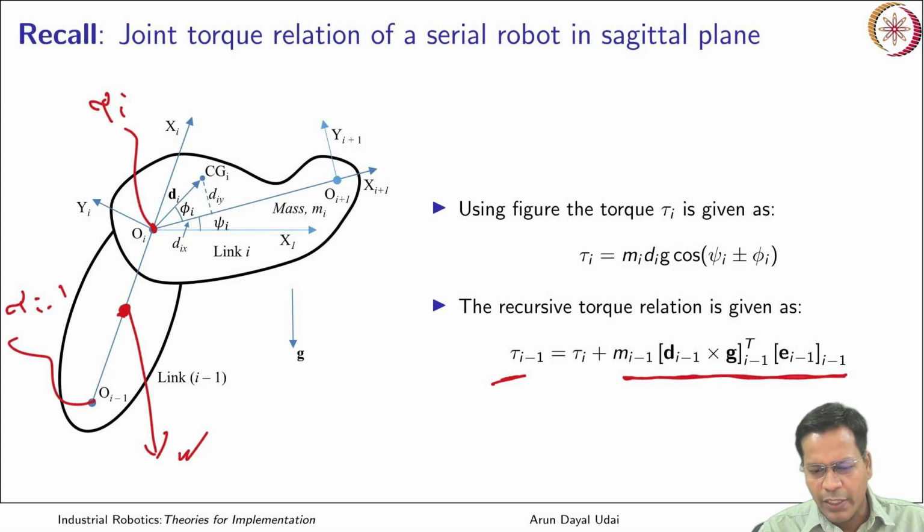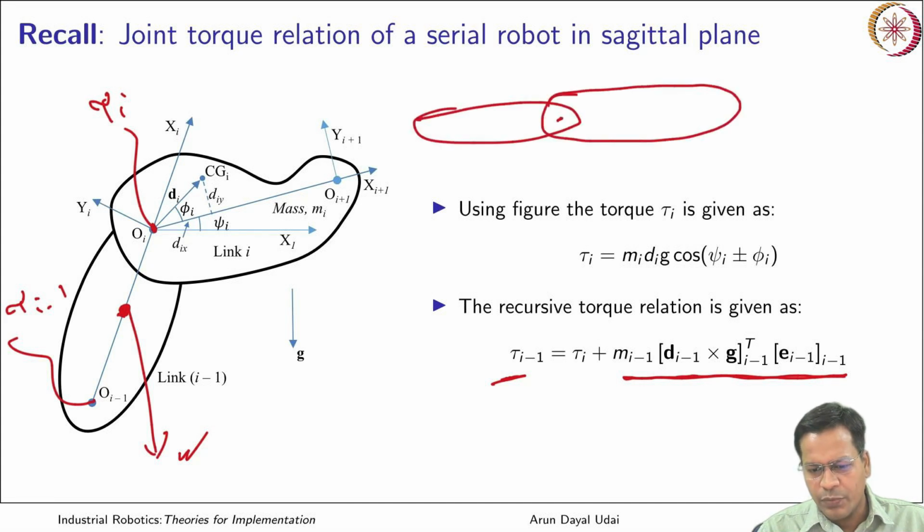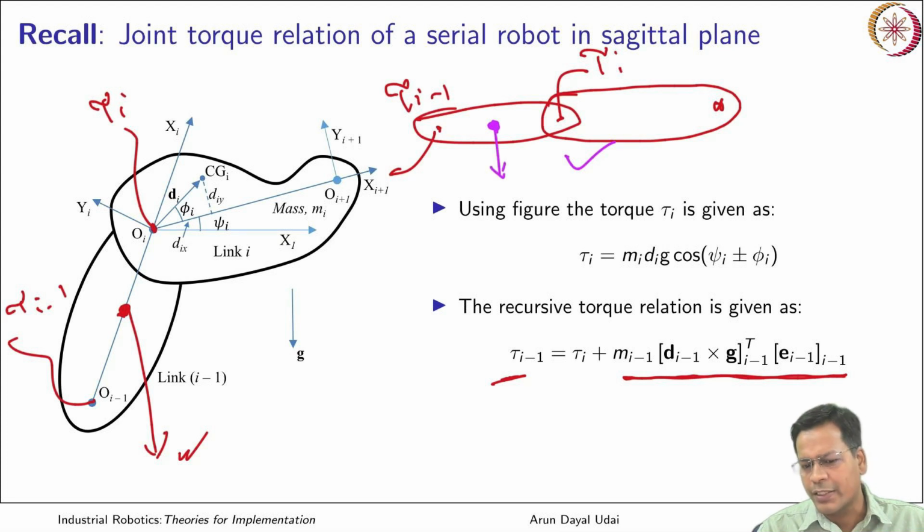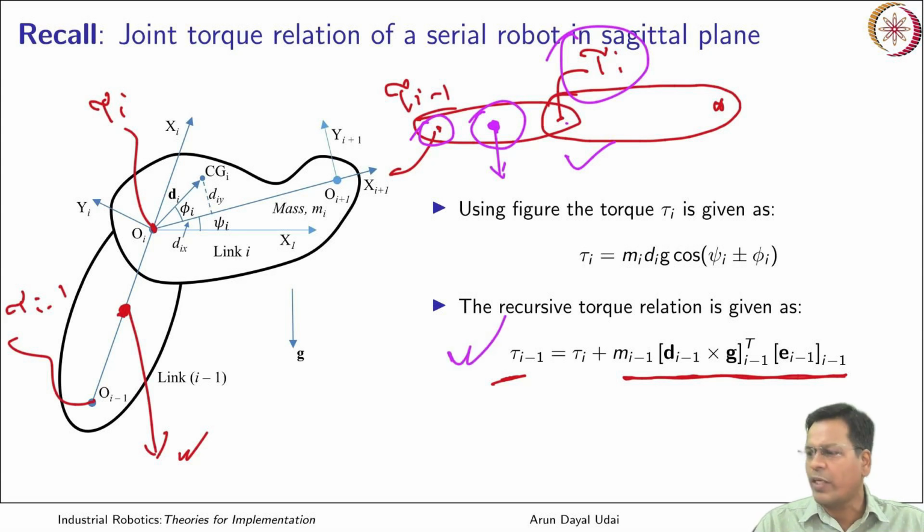So you see, if you have a link which is here, and another link which comes here, and you want to calculate tau I minus 1, and there is already tau I over here, then the torque over here will be the sum of the torque which is here and the torque caused due to the pull on this link itself. So the torque which is here plus the torque due to this is the total torque that comes over here. So that is what is stated vectorially out here.